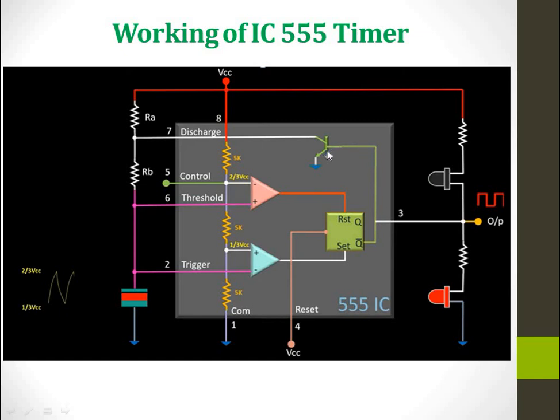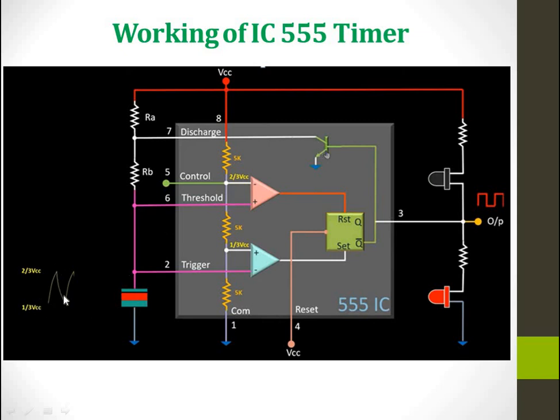This transistor is an NPN transistor, and whenever the output is high, it makes the transistor switch on, and this will act as a closed switch, and through this transistor the capacitor will discharge, right? It will discharge up to 1 by 3 VCC.